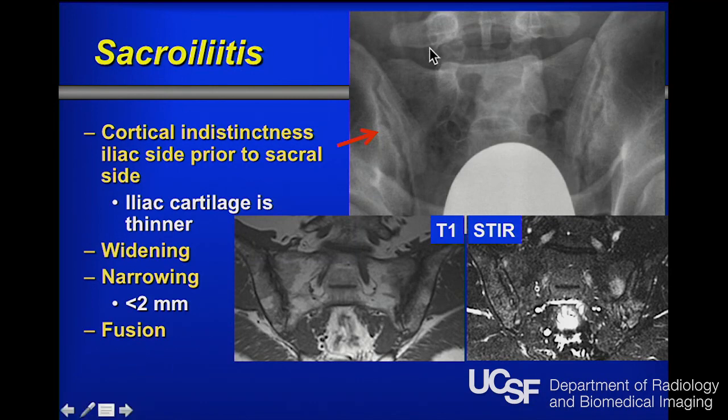Now, radiographs are not very sensitive to diagnose sacroiliitis, and really the most sensitive technique to date is MR, where you see relatively early on these edematous changes, these irregularities along the SI joints.